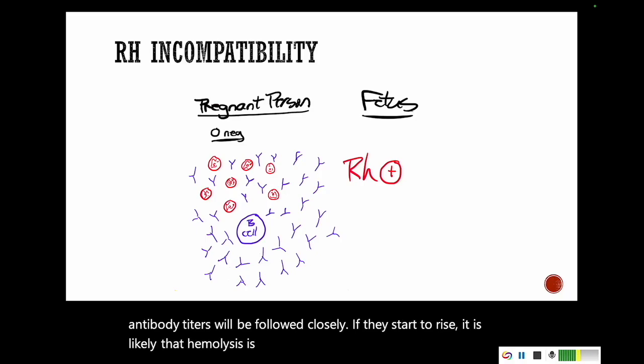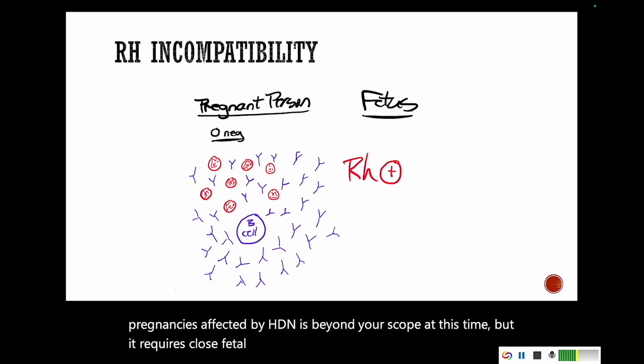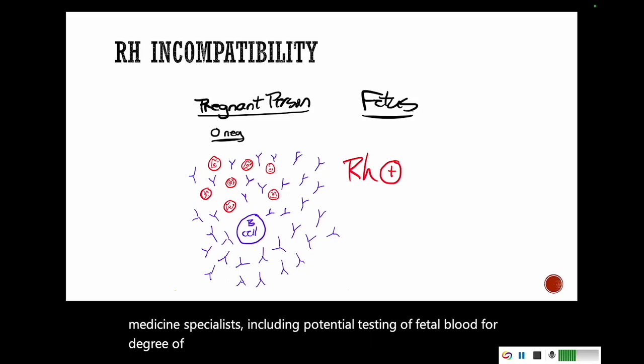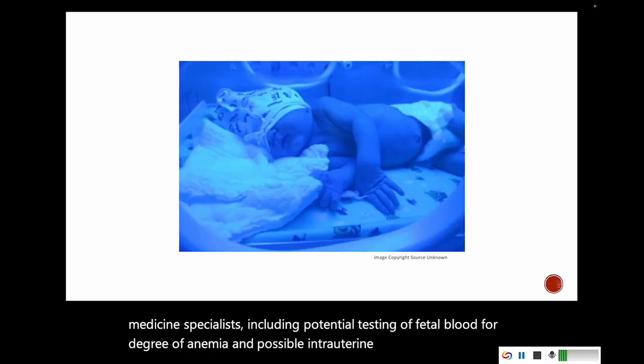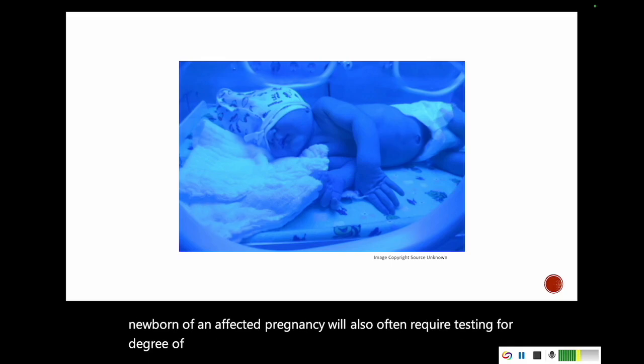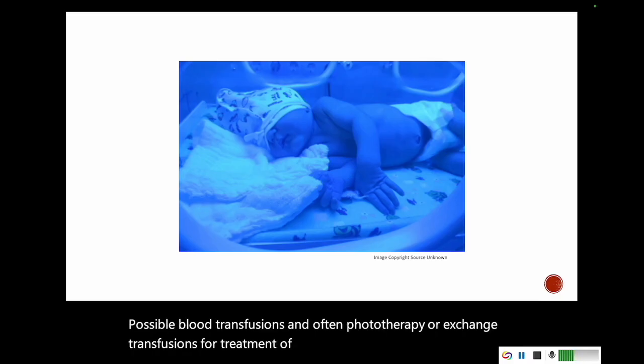The management of pregnancies affected by HDN is beyond your scope at this time, but it requires close fetal monitoring through our maternal fetal medicine specialists, including potential testing of fetal blood for degree of anemia and possible intrauterine blood transfusions. A newborn of an affected pregnancy will also often require testing for degree of anemia, possible blood transfusions, and often phototherapy or exchange transfusions for treatment of hyperbilirubinemia.